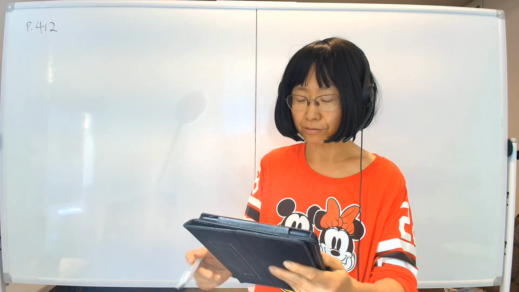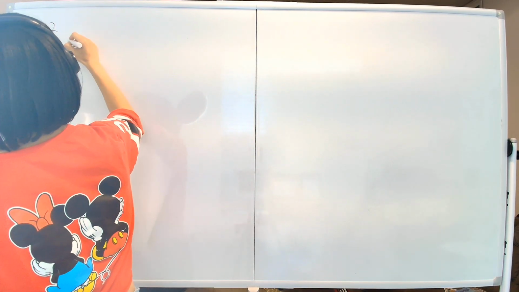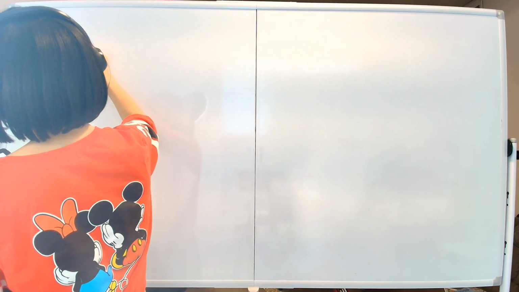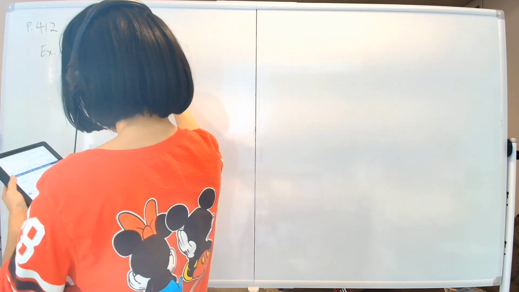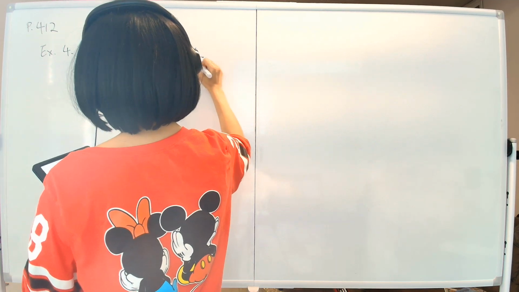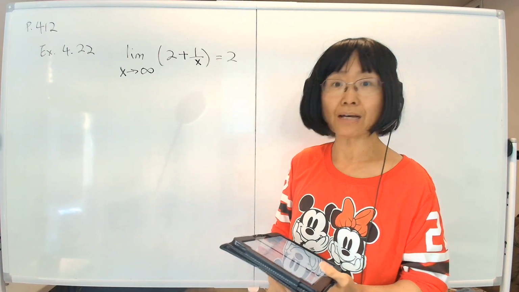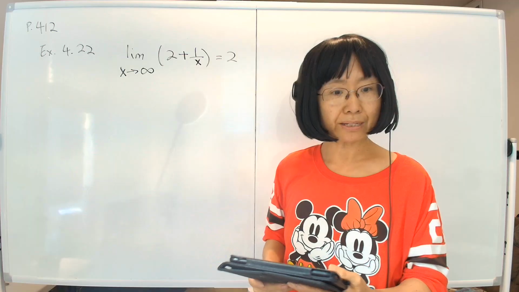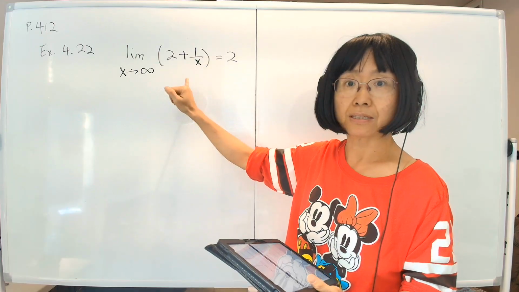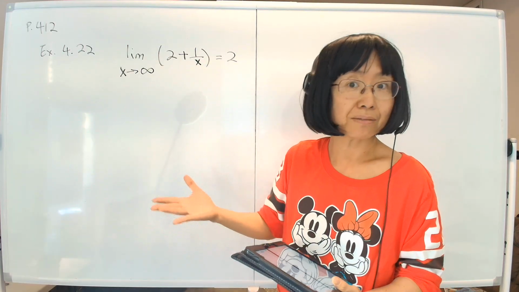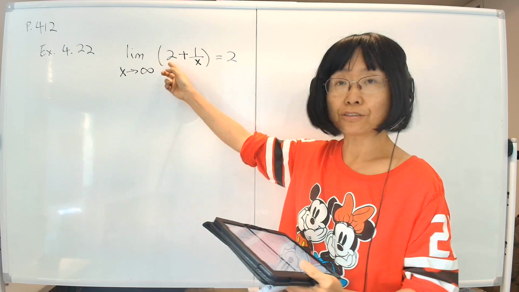It says we need to prove a very simple limit: the limit as x approaches infinity of 2 plus 1 over x equals 2. Normally, without a formal proof, if we're just calculating, we simply argue that as x approaches infinity, 1 over x will approach 0, because x is huge, and as the denominator becomes huge, the fraction itself will become nothing, and therefore this limit will be equal to 2.